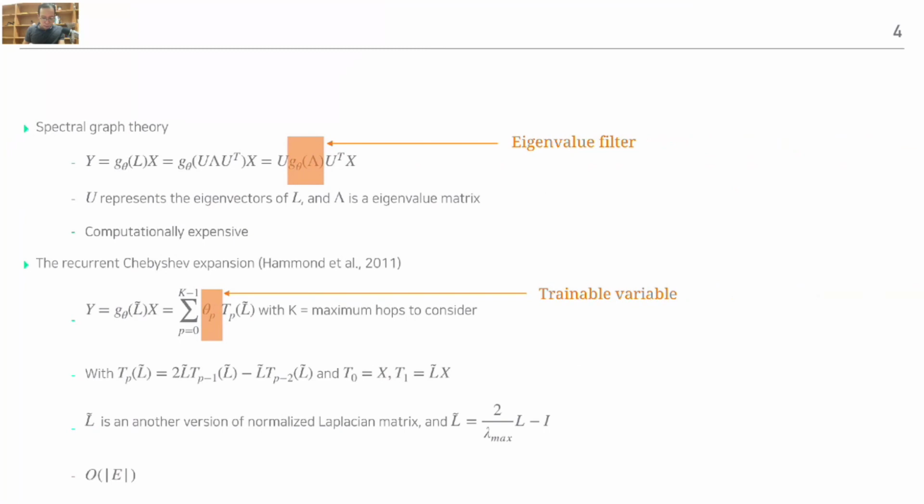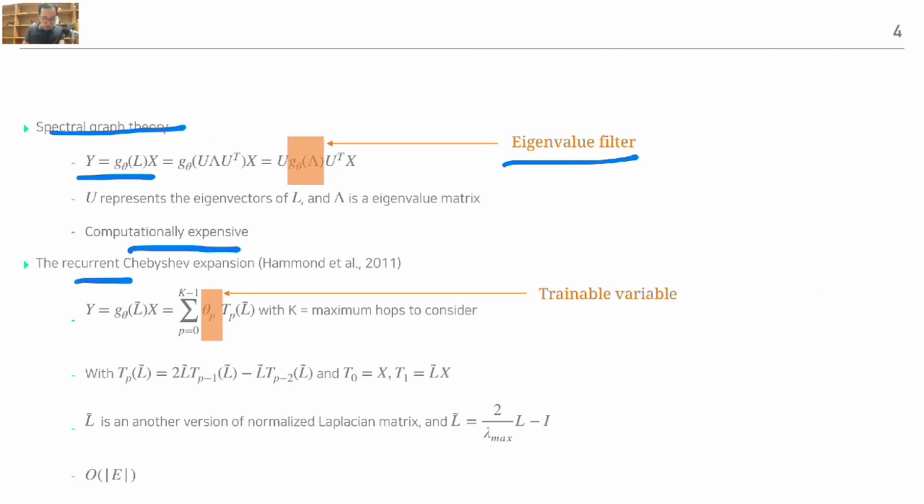From this perspective, the spectral graph theory is presented like this. We talked about it actually learning an eigenvalue filter, and it was computationally expensive.